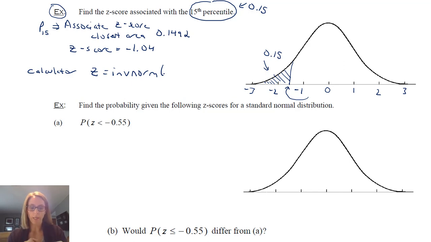If you click on it, and everybody should be doing that, you're going to put in 0.15 because that's our amount of area that we shaded. Your mu and your standard deviation, your sigma, should already be defaulted to 0 and 1 because you're in a standard normal distribution.